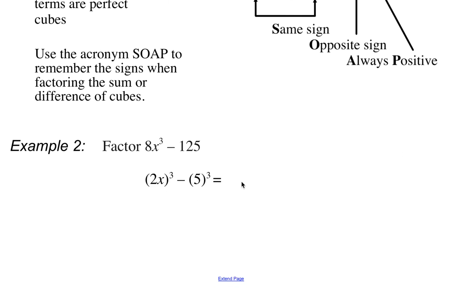It's very similar to what we talked about with perfect square binomials, where we multiplied and doubled, but we don't double the middle term. So this one is 2x minus 5 is our first factor. It's whatever your a and your b terms are, same sign. Opposite sign for the next one, so we're going to square 2x, which gives us 4x squared. Square 5 gives us 25 for our last term, and then multiplying the 2x and the 5 together gives us 10x. And the signs are the same, opposite, always positive.